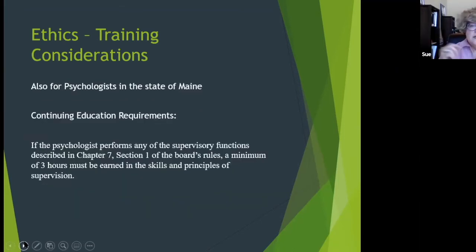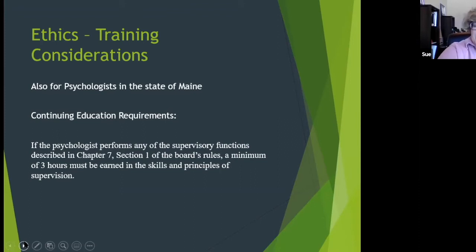Also for psychologists in the state of Maine, there is a requirement that for each renewal cycle for your license, if you're doing supervision, you have to have 3 CEUs in clinical supervision. And I know that maybe many of you are taking this workshop today.